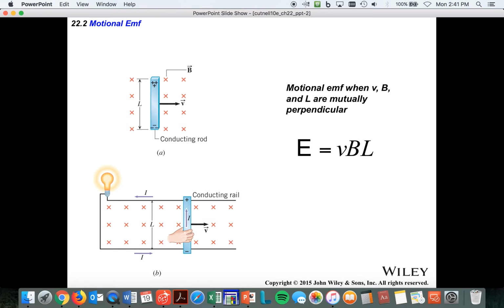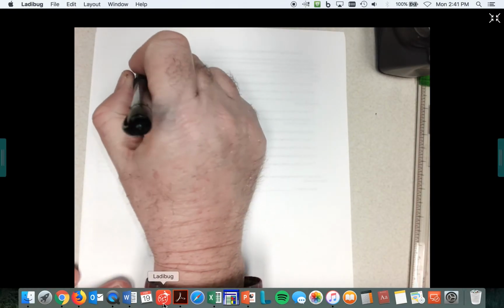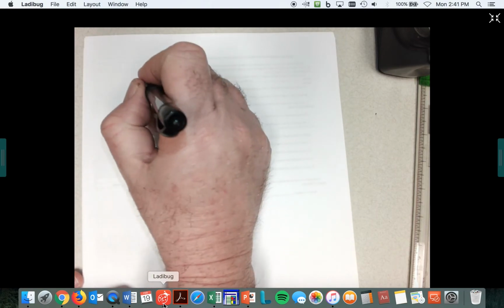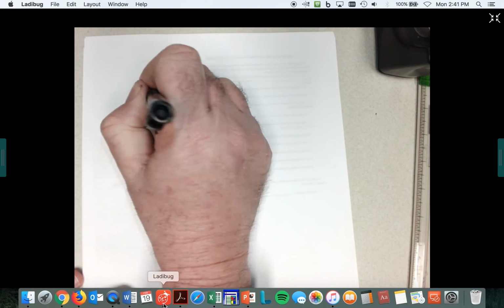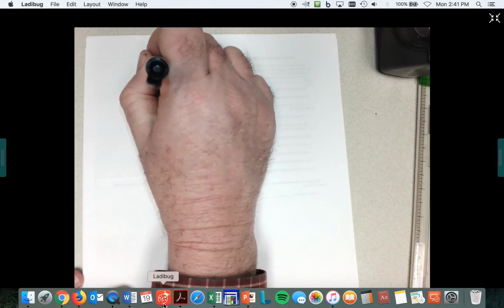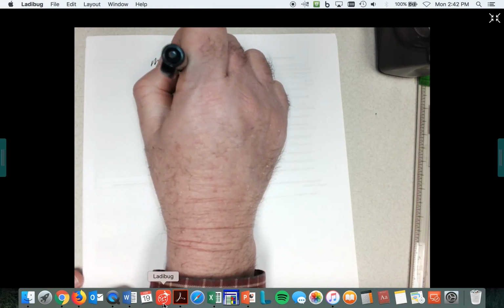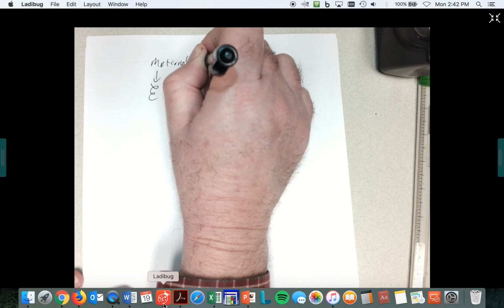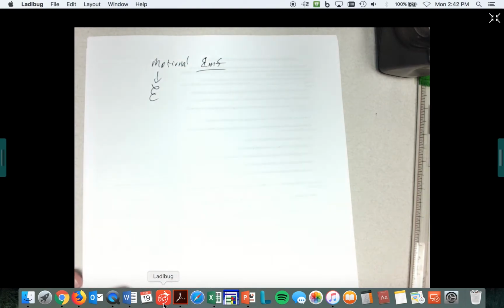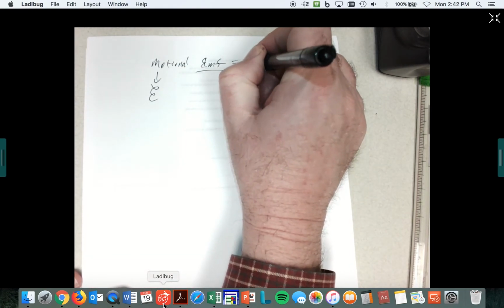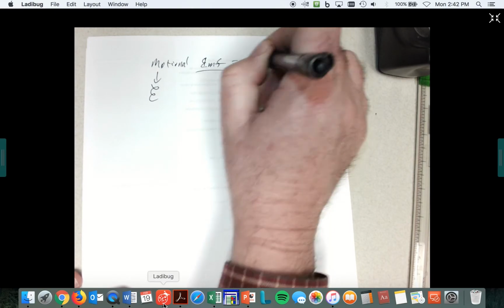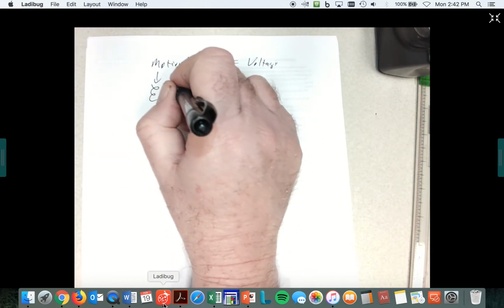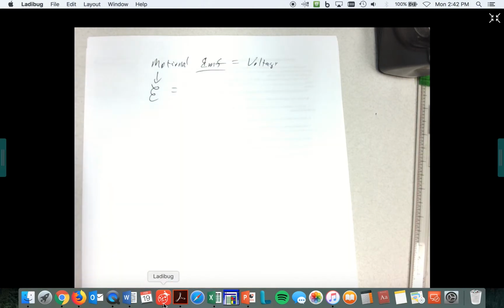Don't worry about it. Just know that this capital E thing is kind of dorky, though. Here's what we're talking about. The motional EMF, electromotive force, equals a voltage, and can equal, what did they say?